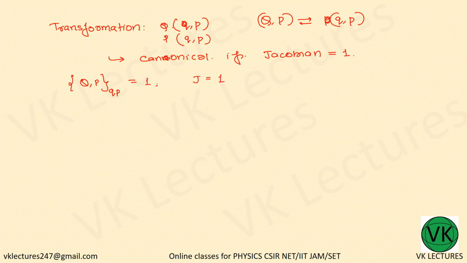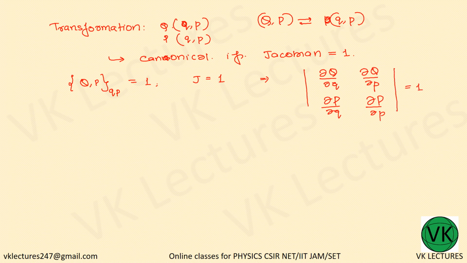Which means that the determinant of dou Q by dou q, dou Q by dou p, dou P by dou q, dou P by dou p is equal to 1.